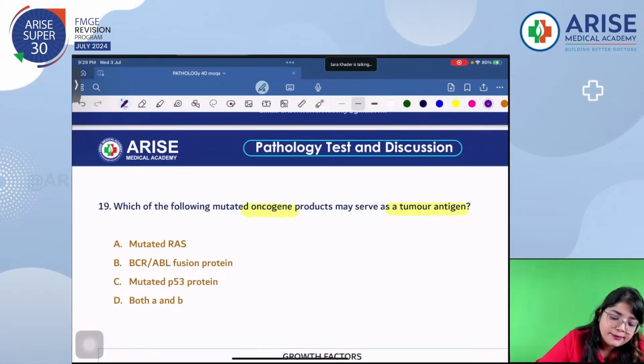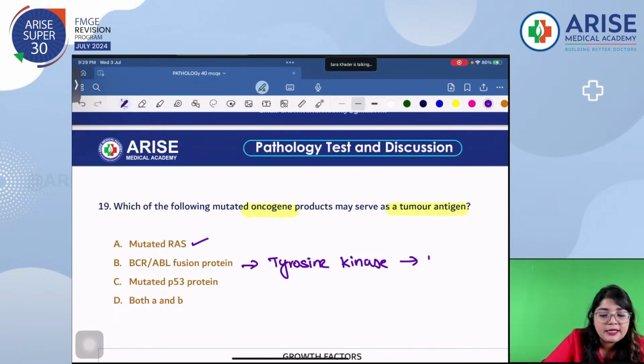Out of all three, RAS is an oncogene, BCR-ABL are oncogenes, and remember, they increase the tyrosine kinase. This fusion increases tyrosine kinase, and this fusion is seen in CML. Where is this fusion? On chromosome 22. Please remember this. These are important for questions.